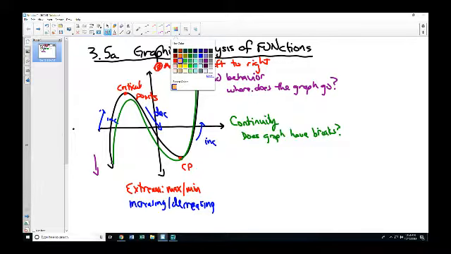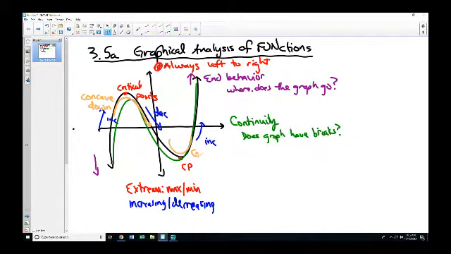Orange. Okay. You know what concave is in science, right? Yeah, we have that in math too. Like this. So this would be concave down, because the cave faces down. And this would be concave up. And then where we transition between the two is called a point of inflection.